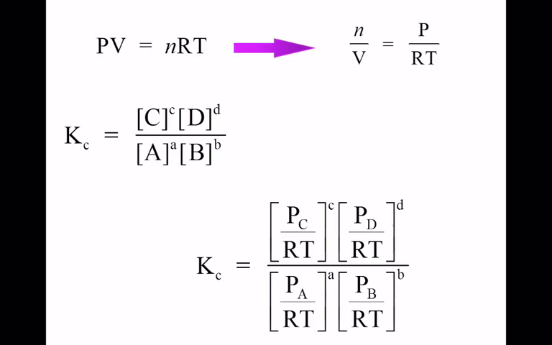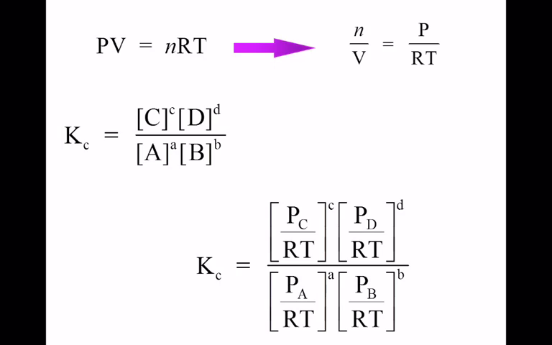Okay, so our Kc then would be equal to, assuming everything's in its gas phase, the partial pressure of C divided by RT, raised to the stoichiometric coefficient of C, times the partial pressure of the other product, D, divided by RT, raised to its stoichiometric coefficient. And then we divide it by the reactants raised to their stoichiometric coefficients, all over RT.